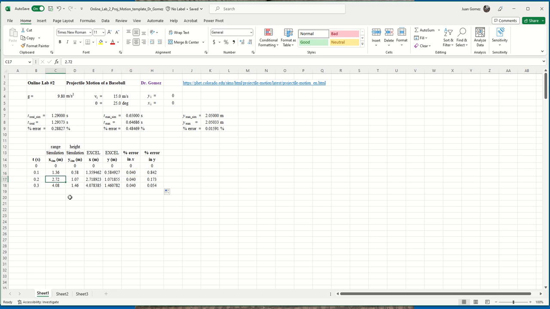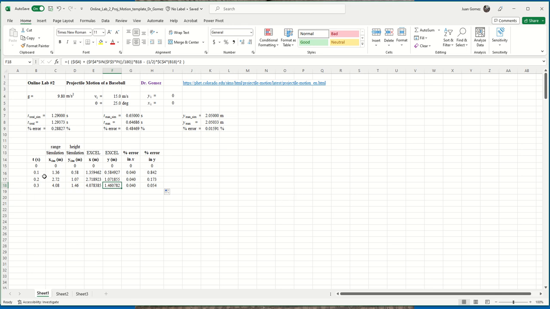For 0.2, X sim is 2.72, calculated 2.7189. Here 4.08, 4.07. Likewise here, Y at 0.1, the sim value is 0.58. Calculated value here, Y sim, Y calculated. And notice the percent errors automatically update themselves.